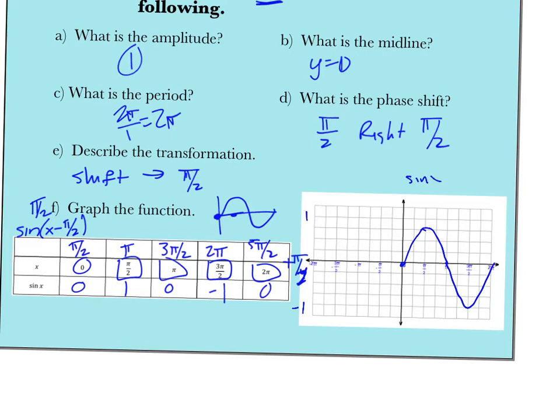That's your sine of x. Your sine of x minus pi over 2 is going to look like this. Now I'm going to start here at my 0, then back down. When I get to 2 pi, I'm at negative 1, and I've got to extend that out. So you see how it shifts the whole thing right.